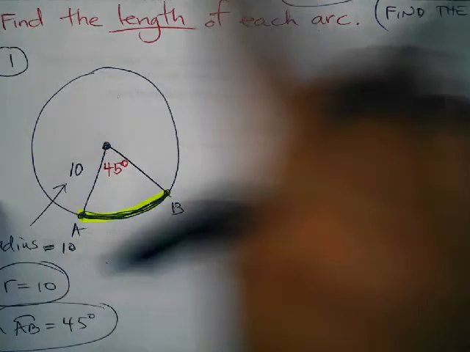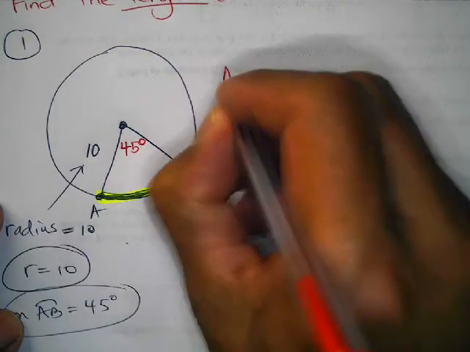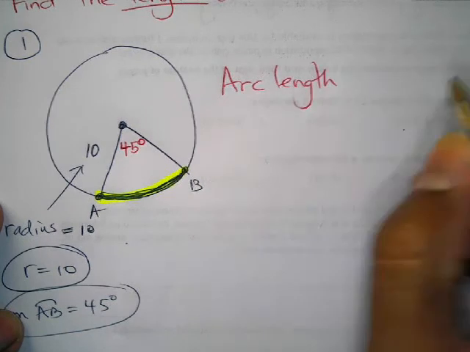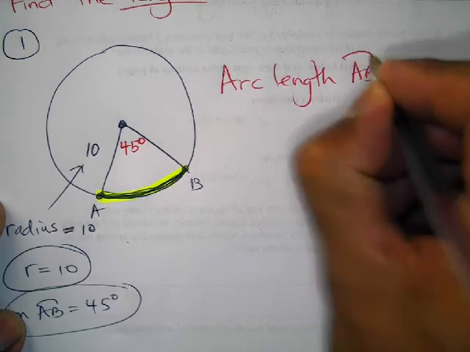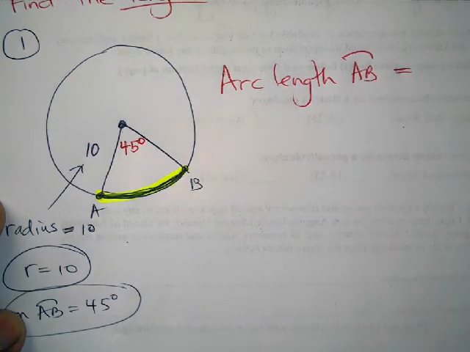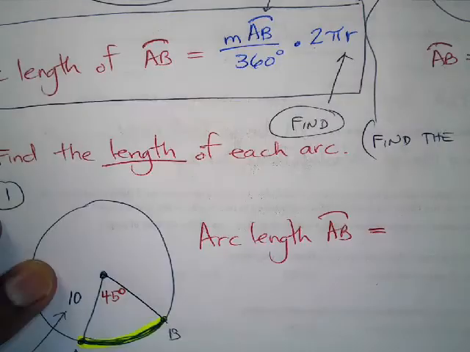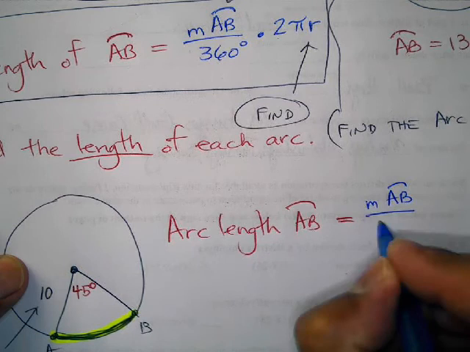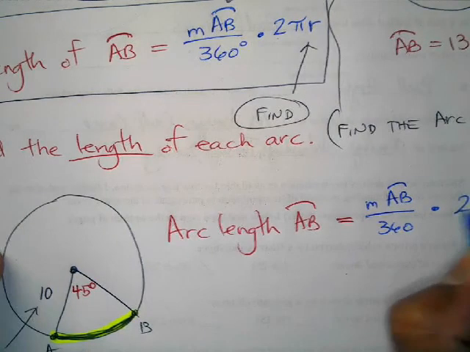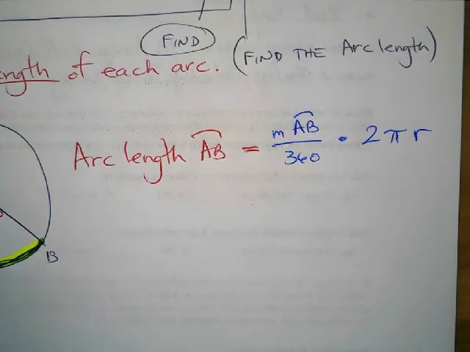Arc length. I'm just going to write arc length AB. I'm not going to write the "of." So I'm going to copy the same formula. Arc length AB is equal to, what was it again? The measure of arc AB, the angle measure of arc AB divided by 360 times 2 times pi times r.